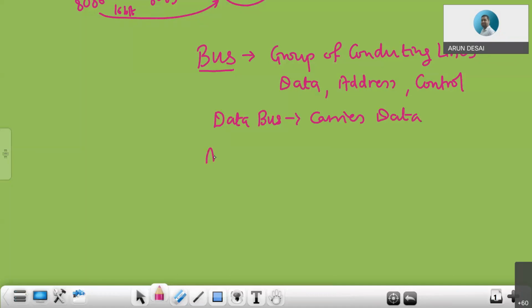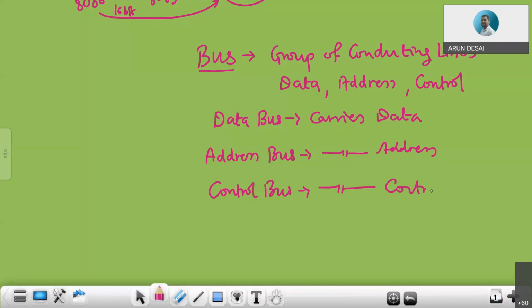If my bus carries address, then that bus is called an address bus. If my bus carries control signals, then that bus is called a control bus, right?